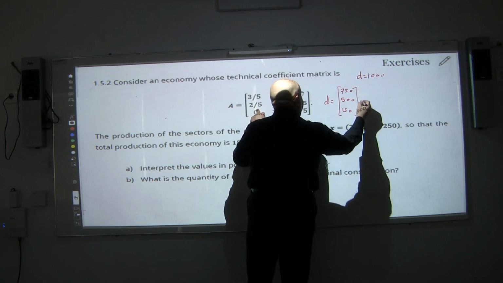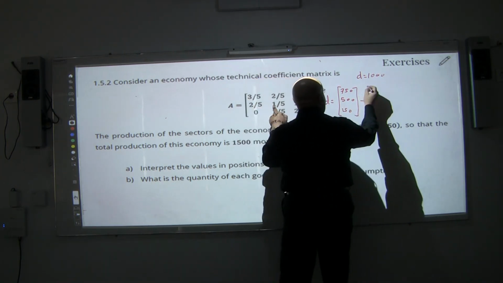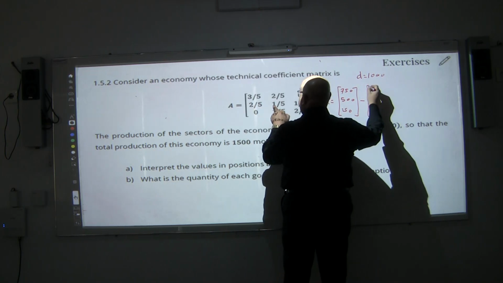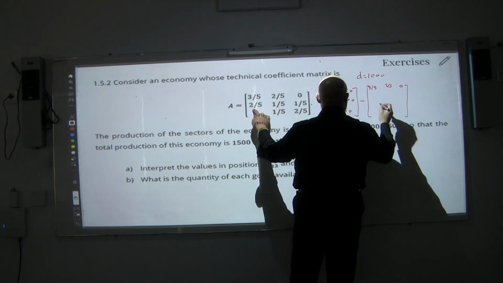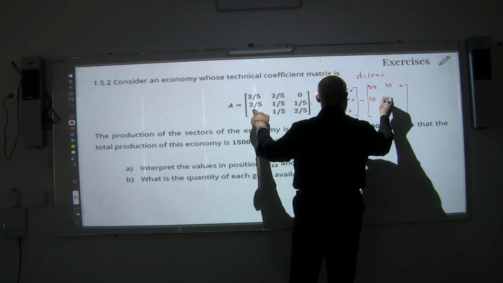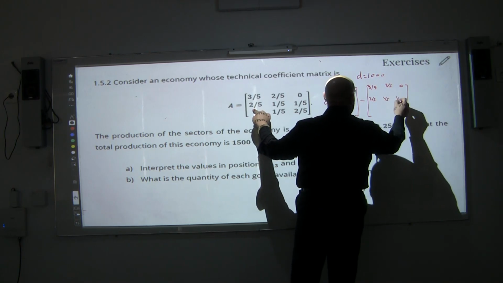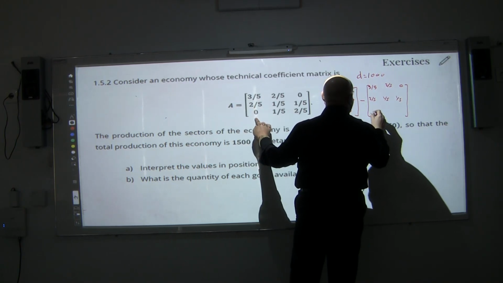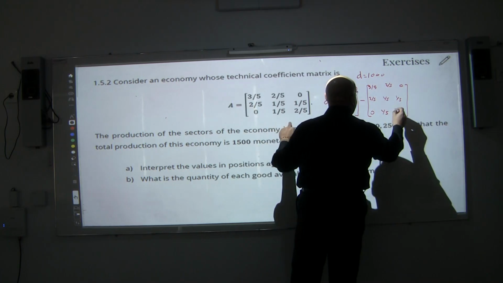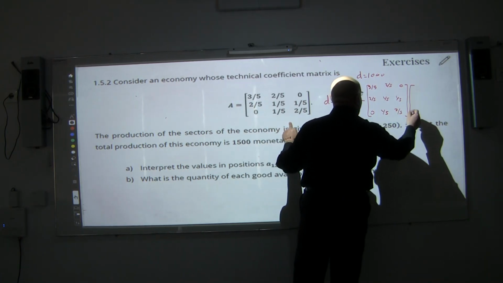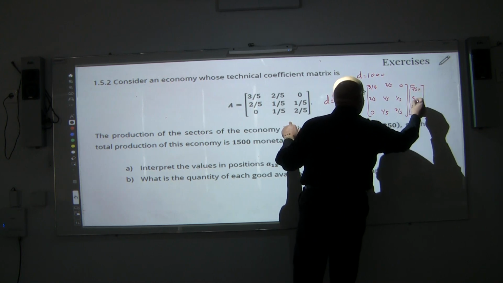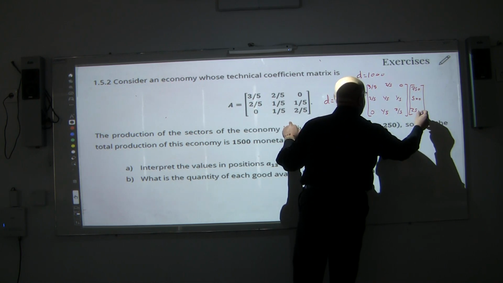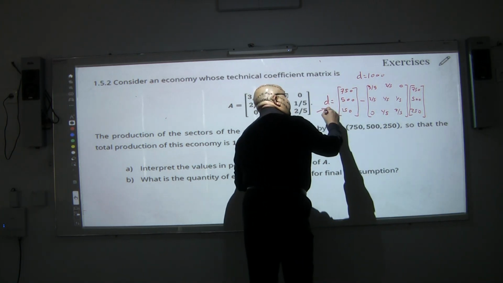This is X. Minus A times X. So all I have to do is to get the intermediate demand, 3 over 5, 2 over 5, and 0, then 2 over 5, 1 over 5, 1 over 5, then 0, 1 over 5, and 2 over 5 times 750, 500, and 250. That's gonna be the final demand.